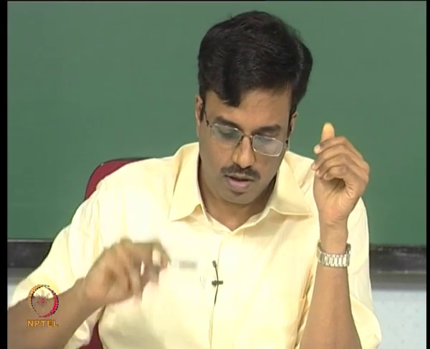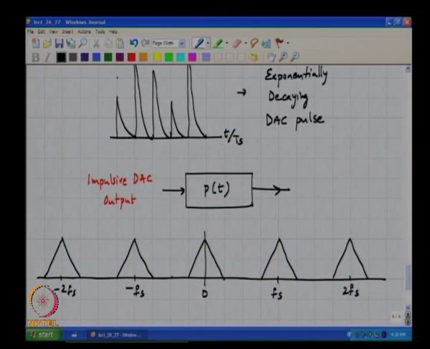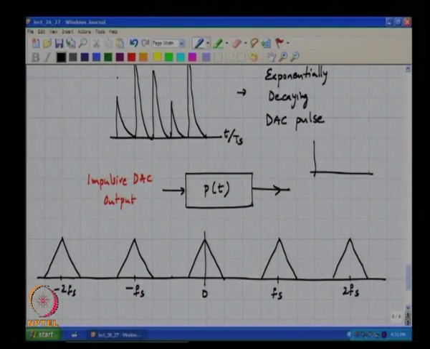Now, after passing this through an NRZ pulse shape, what is P of t for an NRZ pulse? It is 1 for 0 less than t less than Ts and 0 elsewhere, correct.